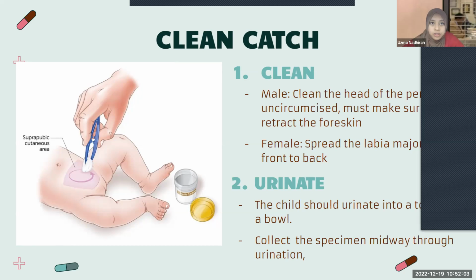If it's an older child, we can ask the child to urinate in the toilet, or if it is a younger one, we just put a bowl. If the child is not toilet trained, for example neonates, we can apply cold liquid, or we can use saline soaked in gauze, put on the suprapubic region. This is called the quick wee method.